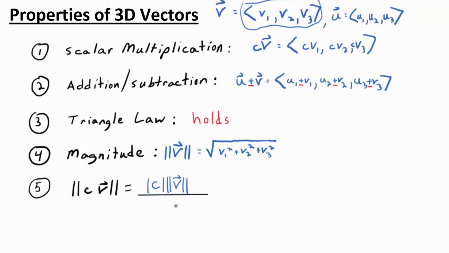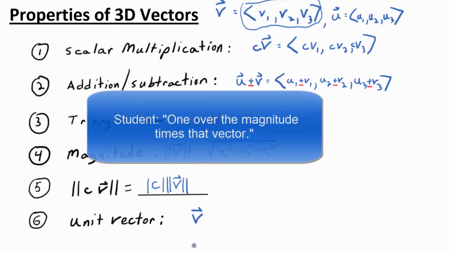And then a really important concept, we can get a unit vector, a vector that's 1 unit long, from any vector. Do you remember what the formula was? What would be a vector that points in the same direction as v, but is 1 unit long? 1 over magnitude times that vector.